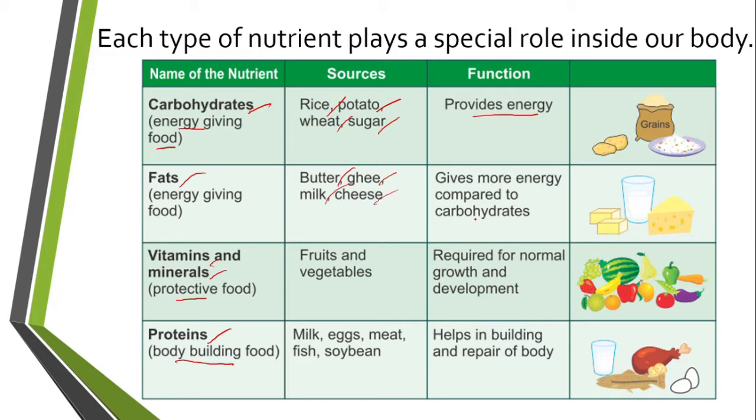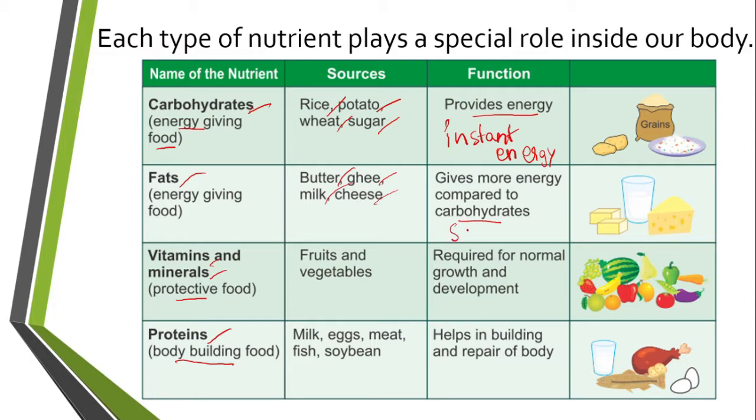And the function of fats is they give more energy compared to carbohydrates. The carbohydrates also give us energy and fats also give us energy, right? But fats give more energy than carbohydrates. And the main difference between carbohydrates and fats is that carbohydrates provide us instant energy, and fats store the energy.